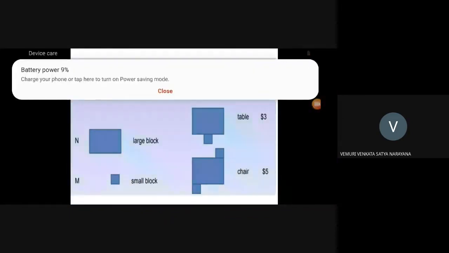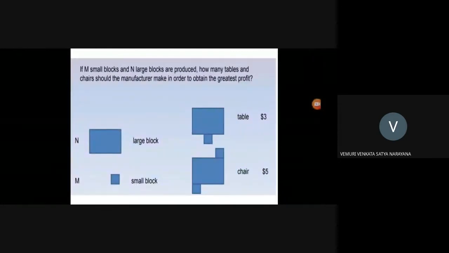If he takes M smaller boxes and N larger blocks are produced by him, how many tables and chairs should the manufacturer make in order to obtain the greatest profit? So this is our question.